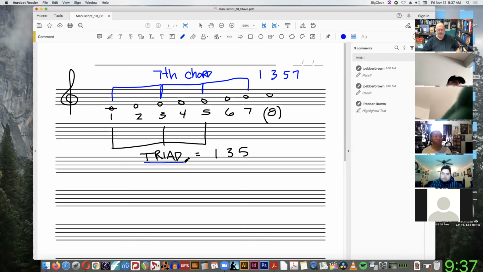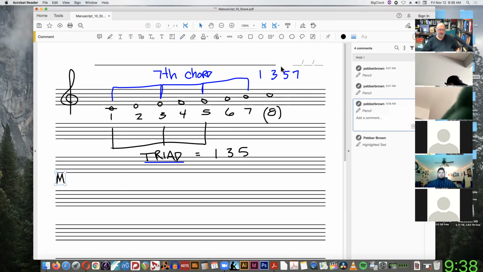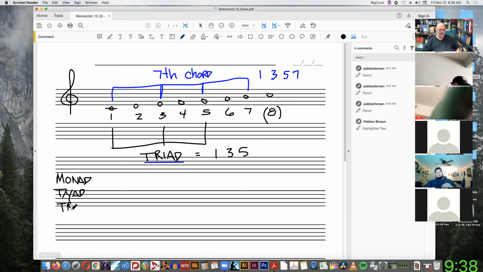Now here we have the word triad, right? Well, that is from ancient Greece. We have these words: monad, dyad, triad.